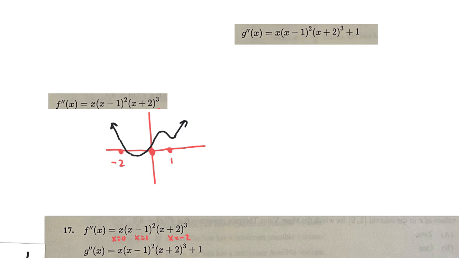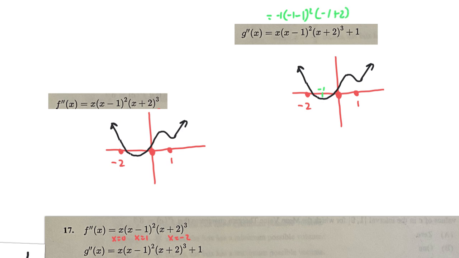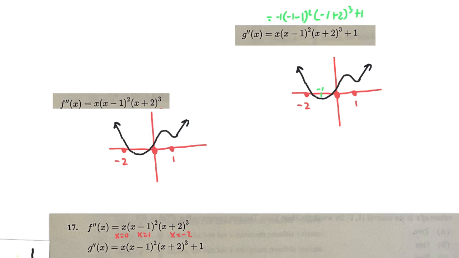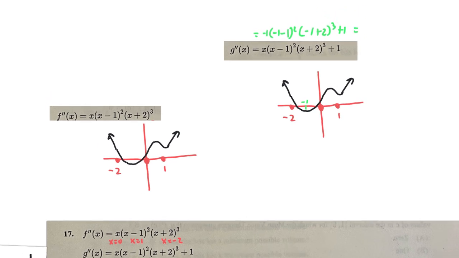So I say the perfect x value to test, honestly, is a -1. So when we plug in -1 here, we get -1 times -1 minus 1 squared, -1 plus 2 cubed plus 1. And after that, it would be -1 times -2 squared times 1 cubed plus 1.